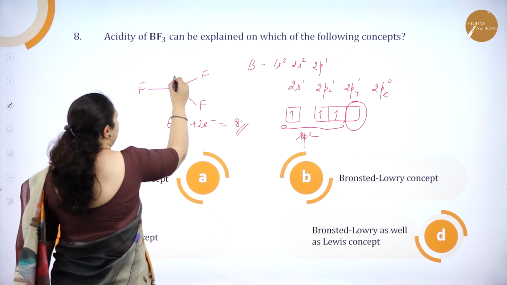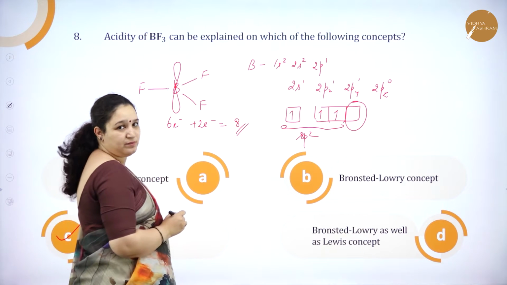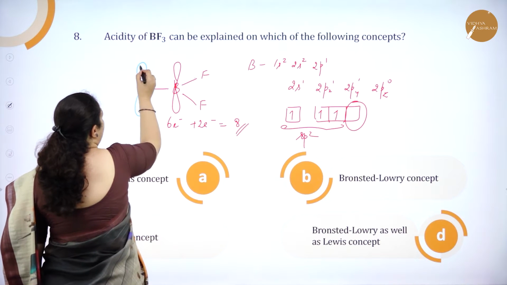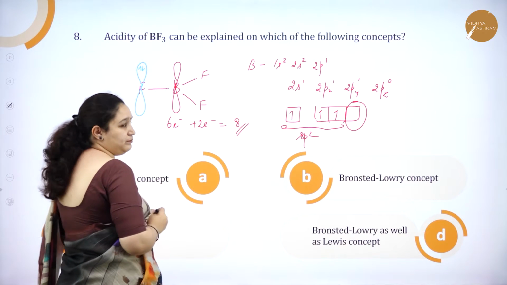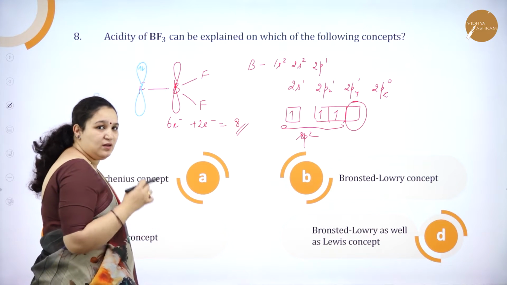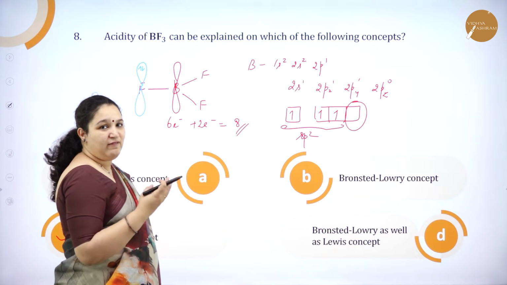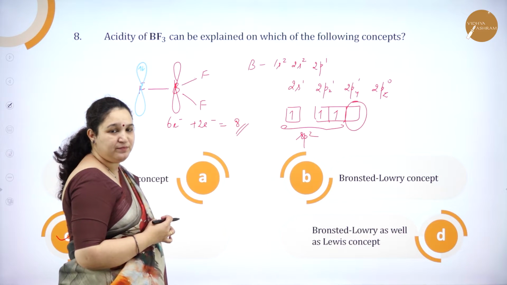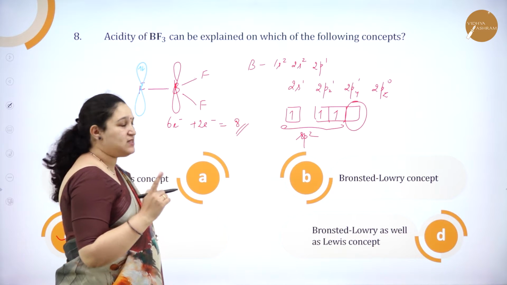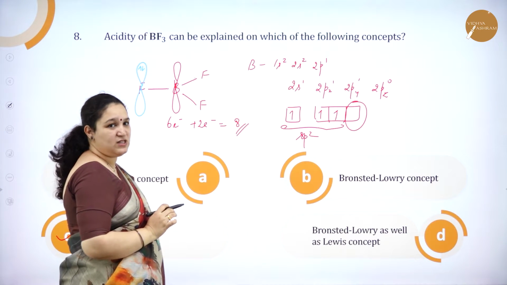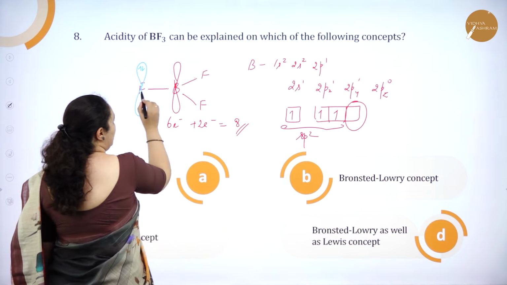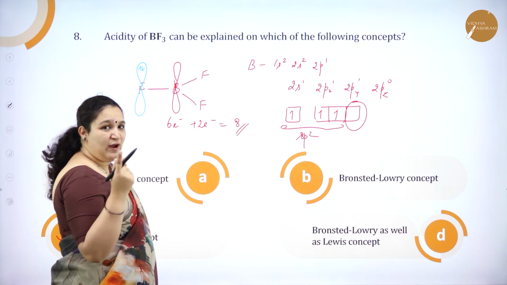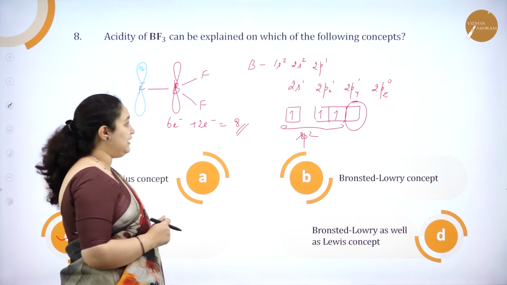So I have an empty p orbital over here, and I have a filled p orbital in fluorine. Fluorine atomic number is 9. I have 1s2, 2s2, 2p5. Correct? So, one electron which is required, there is no hybridization taking place. So that one electron will take up one more electron to form a bond. We have two p orbitals which are completely filled.